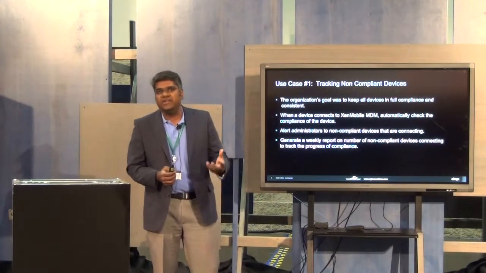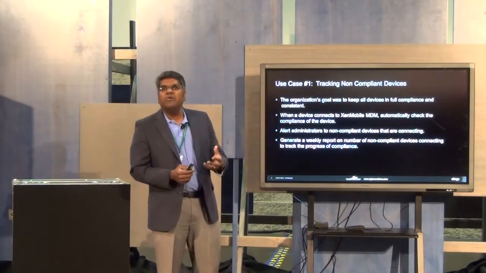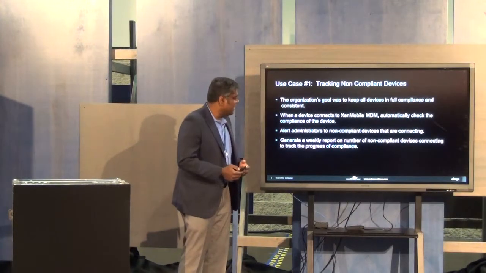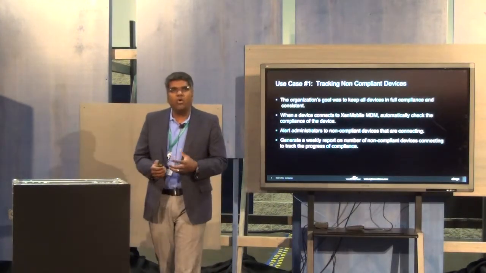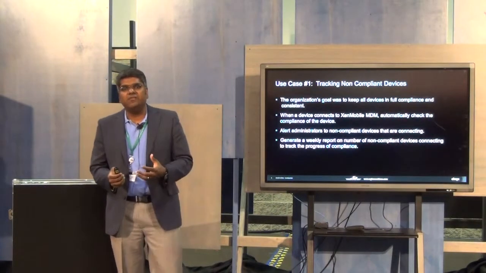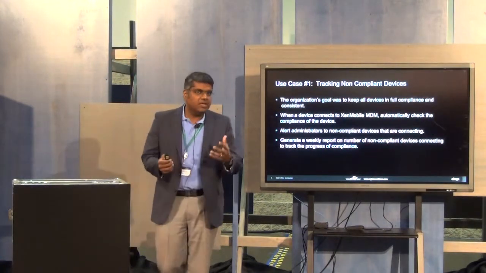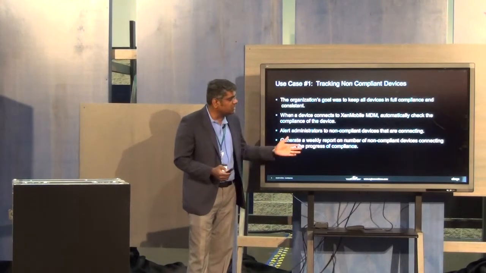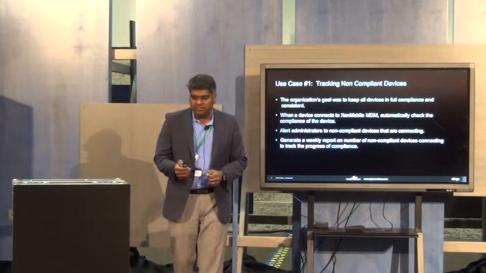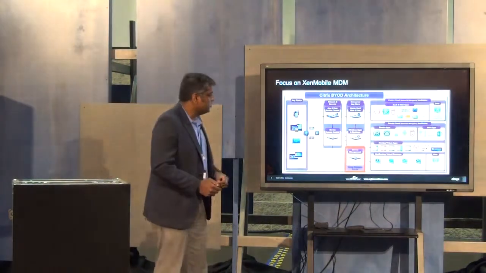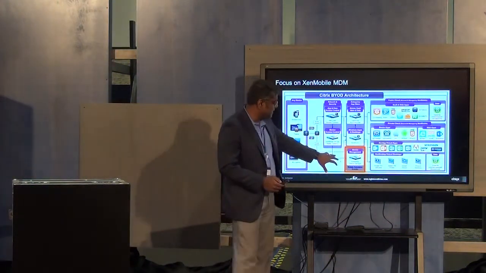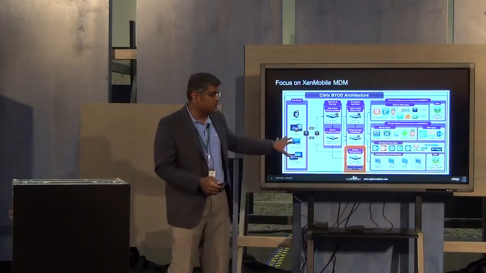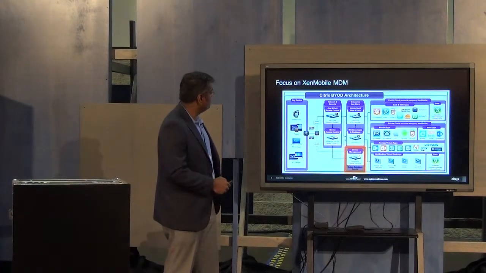At the end of every day and every week, they wanted to know how many non-compliant devices were connecting into their environment. They also wanted an overview of how many people are using their environment using Zen Mobile, and a general weekly report on how things were being used and consumed in their mobile environment. So the focus here is going to be on the Zen Mobile Device Manager and the MDM APIs in this example.